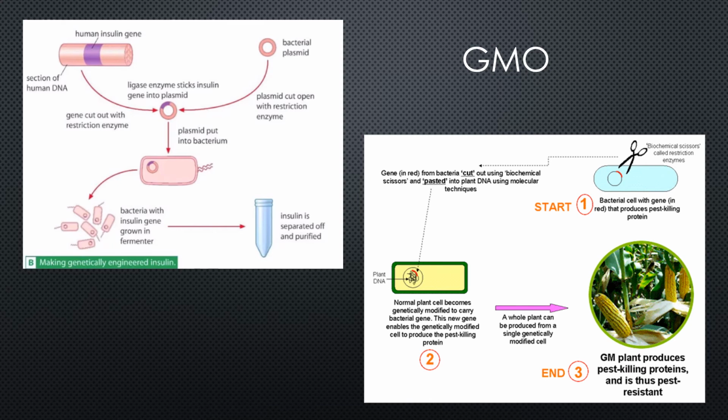We basically modify a bacteria cell and then allow it to infect the whole plant. One of the most common things is that we've selected for a gene that produces a pest-killing protein. When that is inserted into the genome of our corn plants, those corn plants are pest resistant.